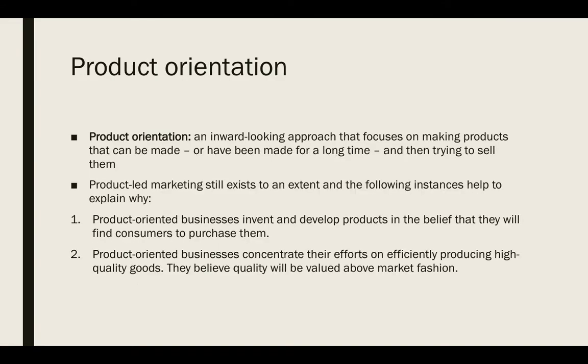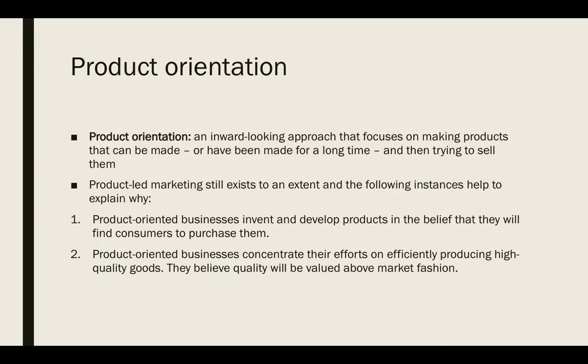Now, moving on to product orientation. It still exists, and a lot of businesses are actually applying it. And why is that? Because basically product oriented businesses invent and develop products because they believe that the customers are going to purchase them.